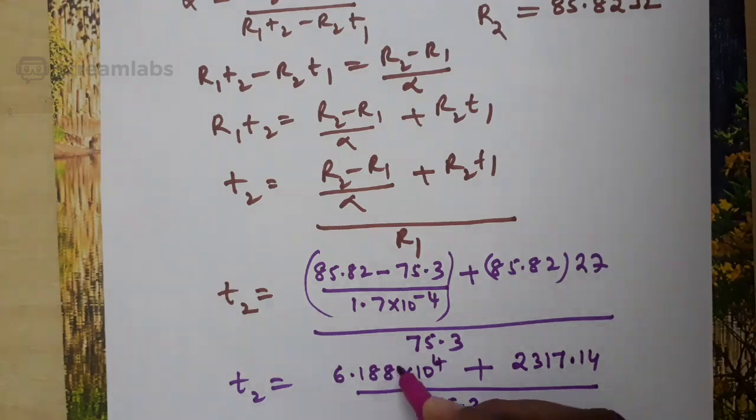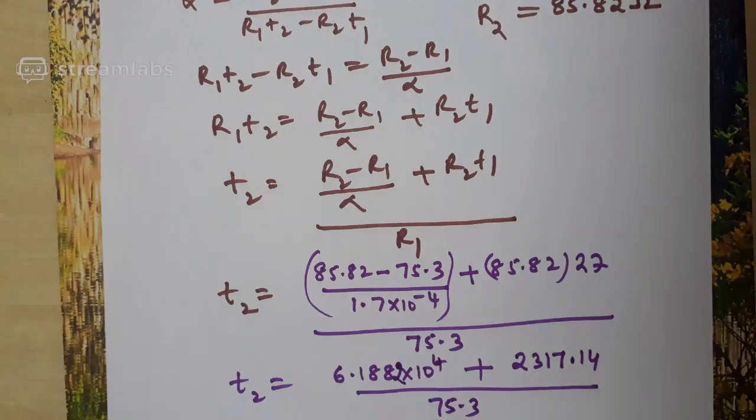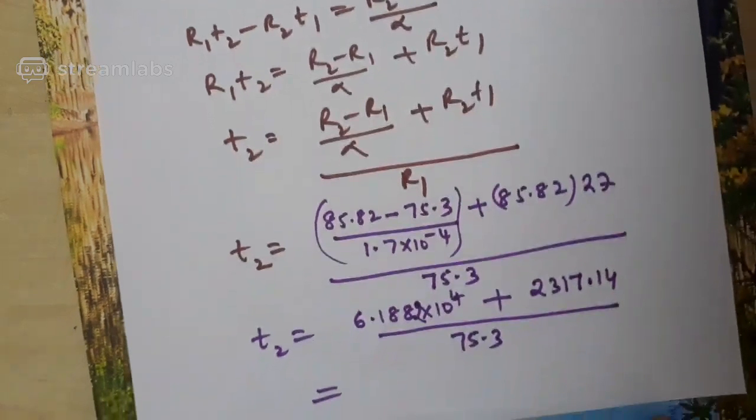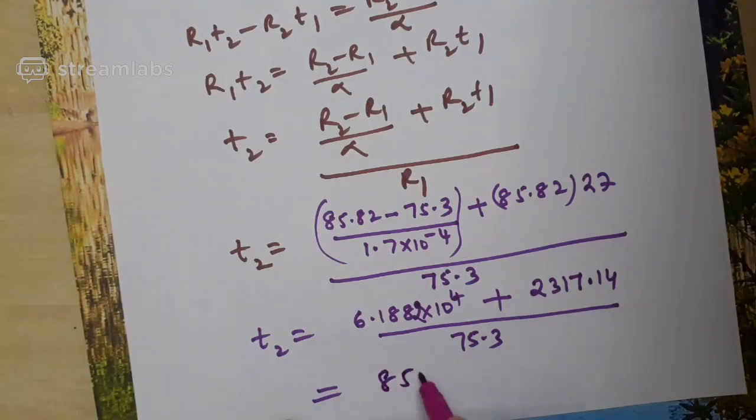You have one more digit, 2, so it will be 61,882 plus 2,317.14 equal to some value divided by 75.3, something around 852.6.